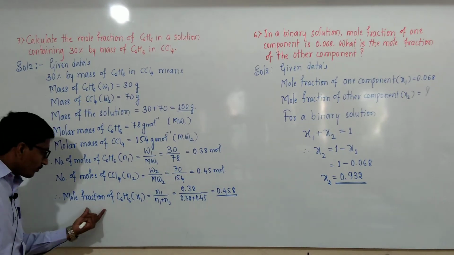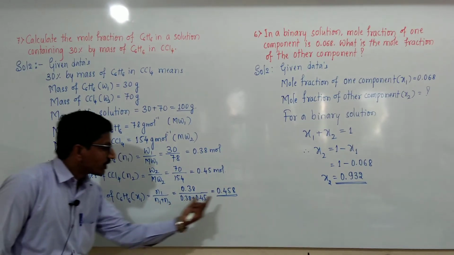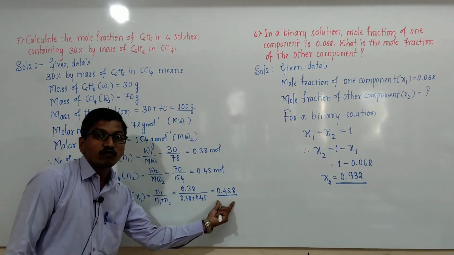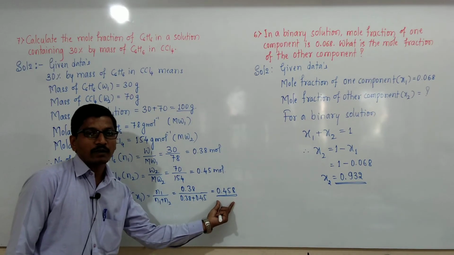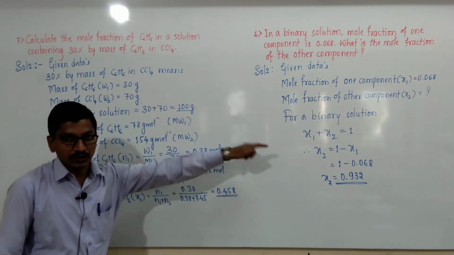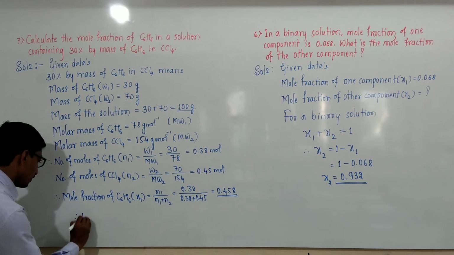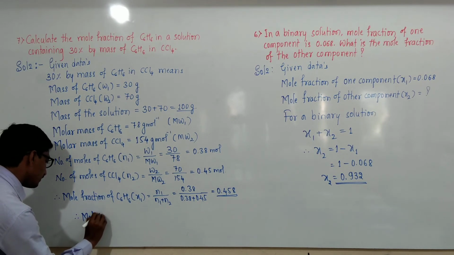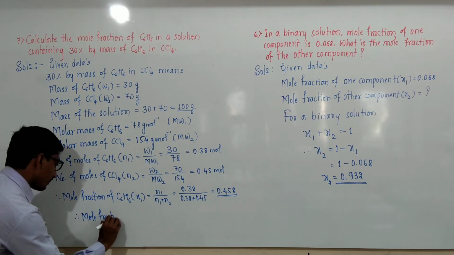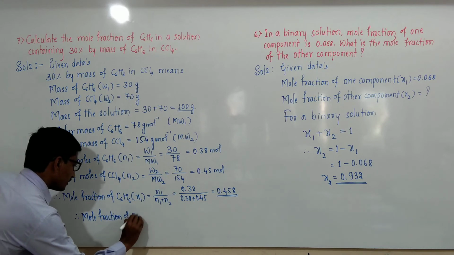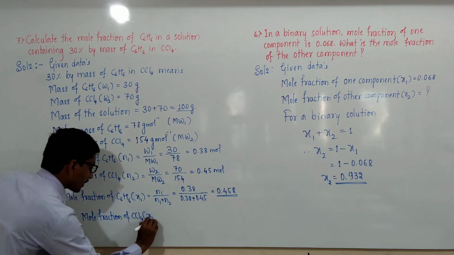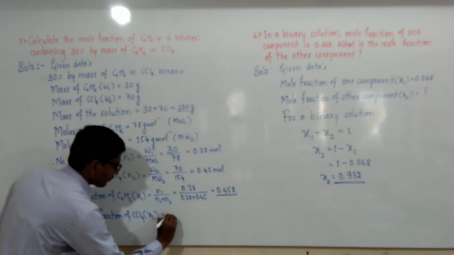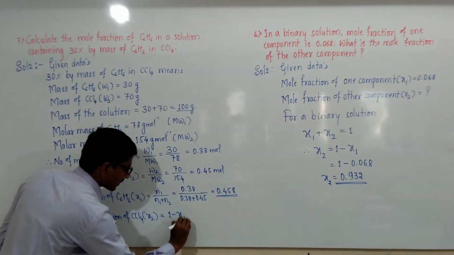And knowing the mole fraction of benzene, we can easily calculate the mole fraction of carbon tetrachloride by using this relation. Therefore, mole fraction of CCl4, that is X2, is equal to 1 minus X1.